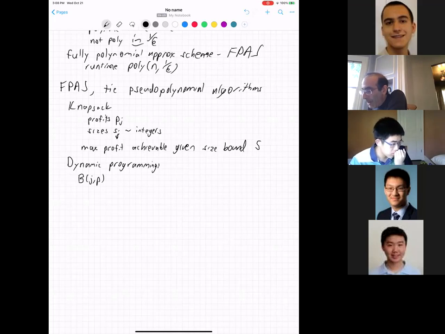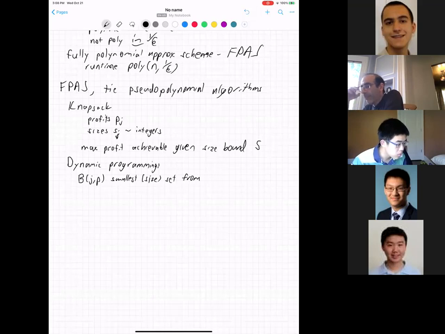I'm going to say that B of j, P is the smallest in size set from items 1 through j that achieves profit P. So if I am able to compute the smallest size set that achieves a certain profit, can I answer the question of what is the maximum profit achievable given a certain size bound?